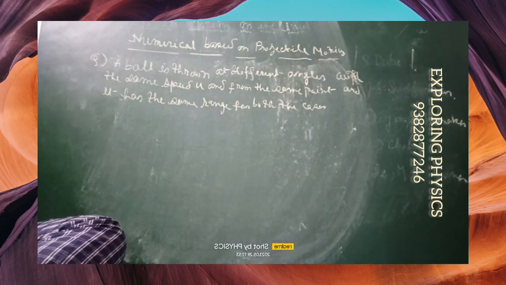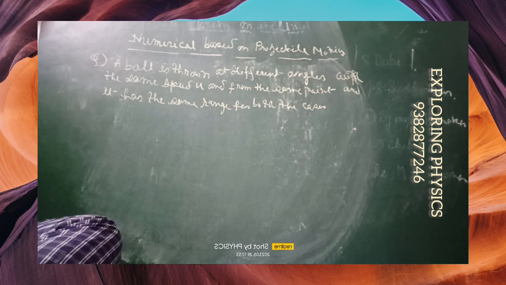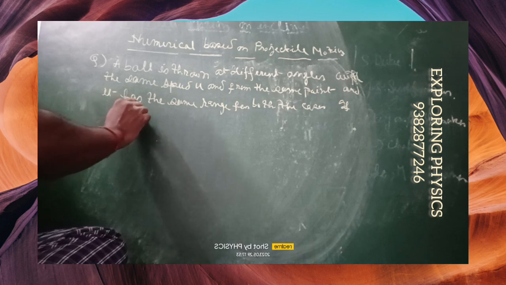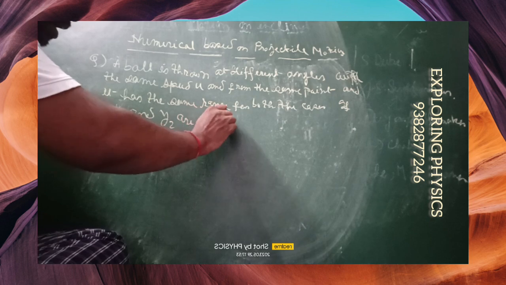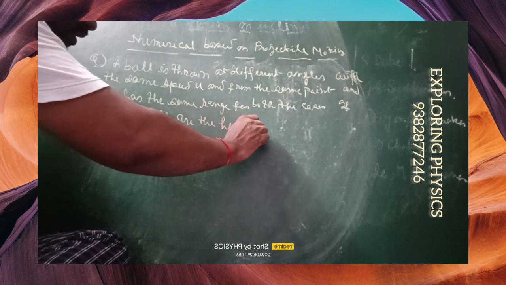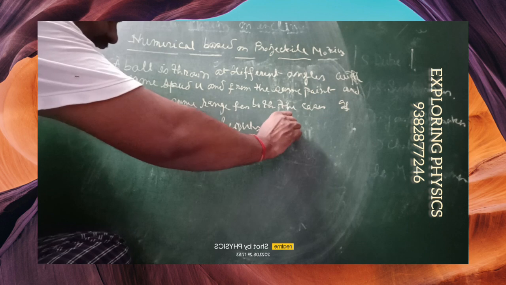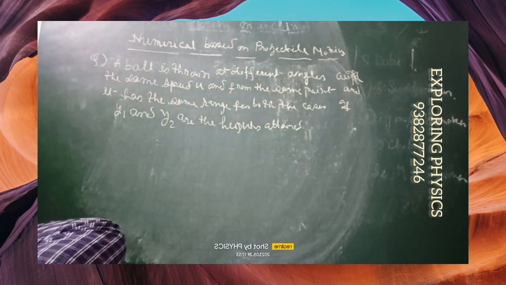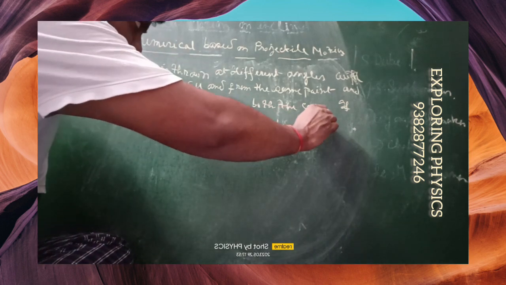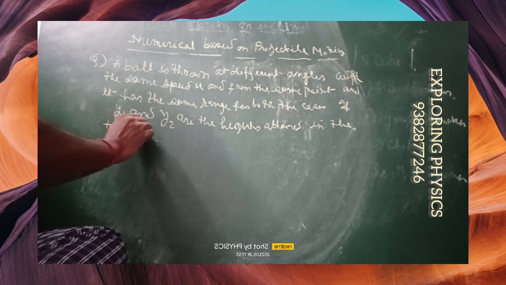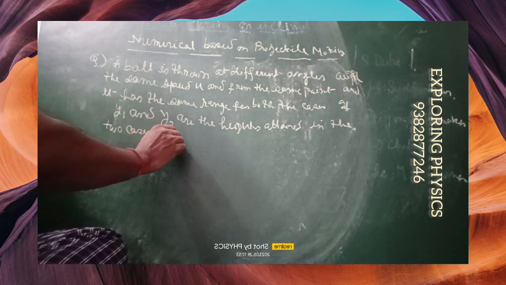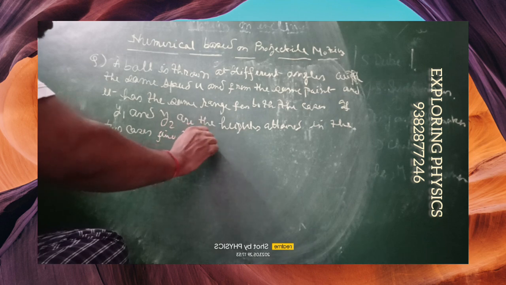If y1 and y2 are the heights attained in the two cases, find y1 plus y2.